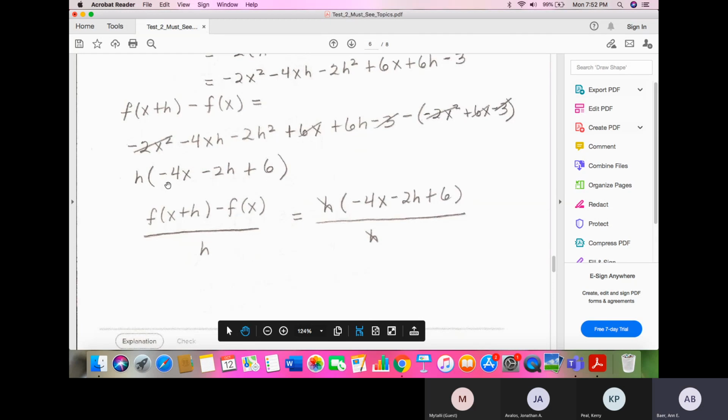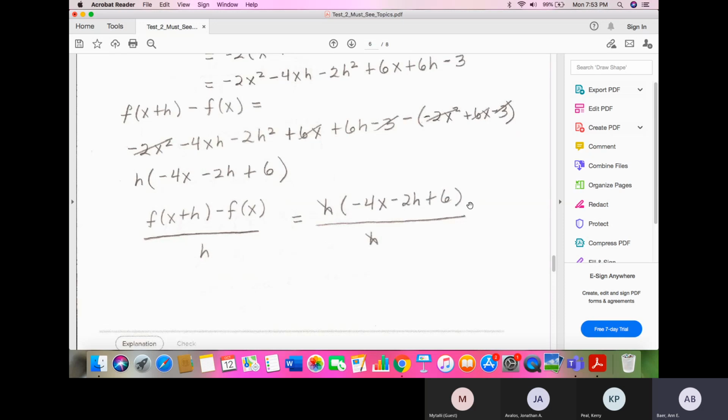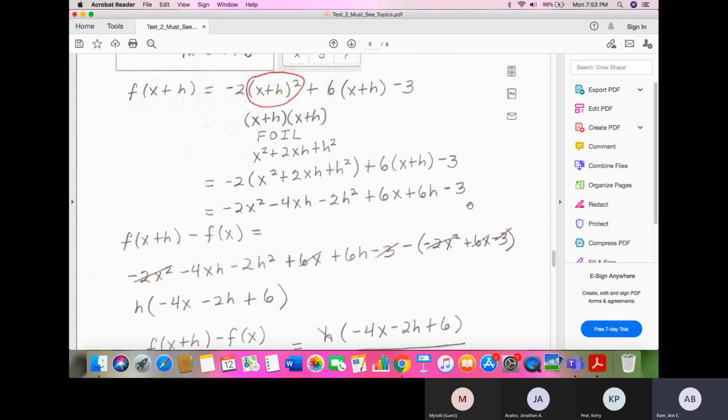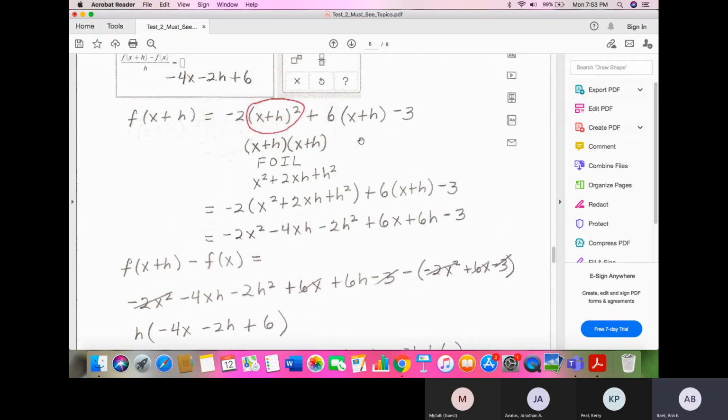So we've got f of x plus h minus f of x, which is what we just found up here. Just copy that over right here, and then just divide by h. Well, h divided by h is 1, times what's left is what's left. And that is -4x minus 2h plus 6. So that is our difference quotient, which goes up in the box right here in Alex.